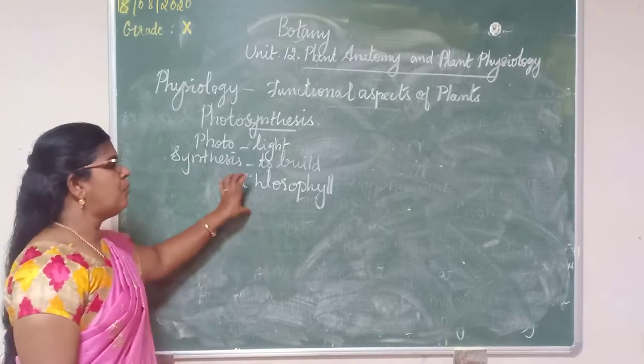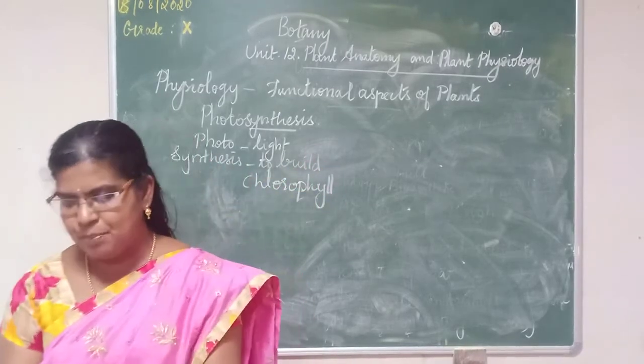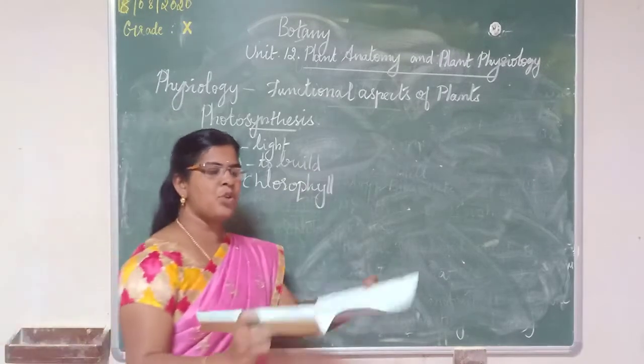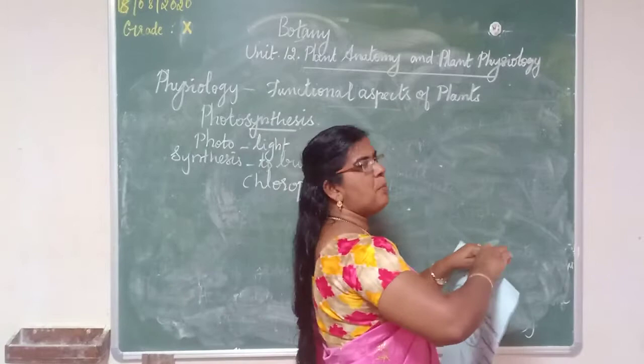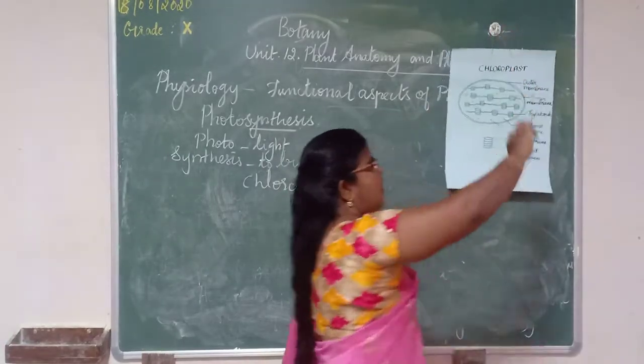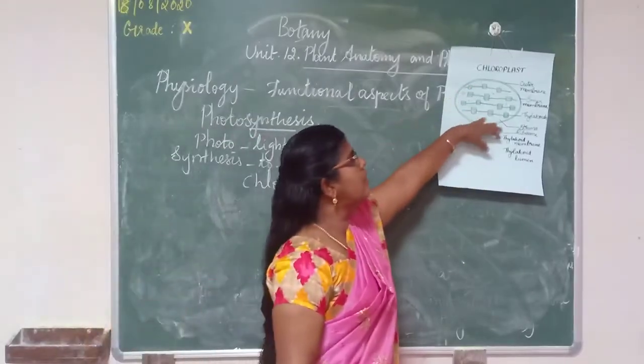Now this chlorophyll, where will it be? Plants have so many organelles: mitochondria, ribosome, chloroplast, endoplasmic reticulum, nucleus, etc. One of the important organelles present in green plants is the chloroplast. This chlorophyll is present in the organelle called chloroplast.